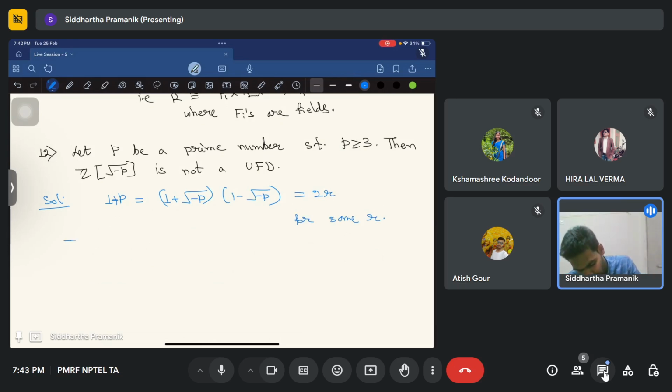Then take a equals 2 times r and b equals 2 times 1 plus root minus p, and then try to prove that a and b have no GCD in the same way.